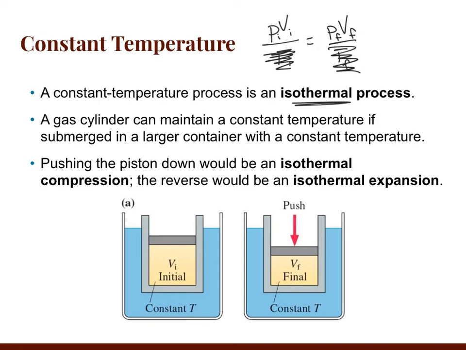All right, and an isothermal compression here is when you decrease the volume, and isothermal expansion is when you increase the volume. And you should see that this is an indirect relationship. When you increase the volume, pressure should go down. When you decrease the volume, pressure should go up.